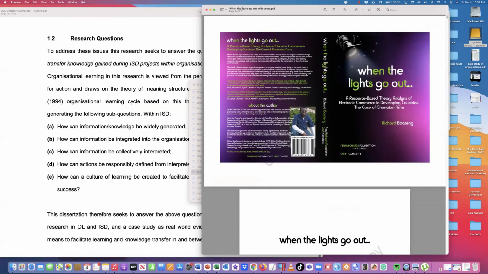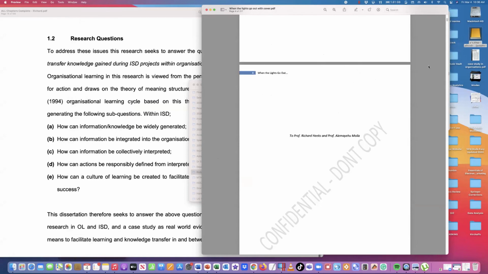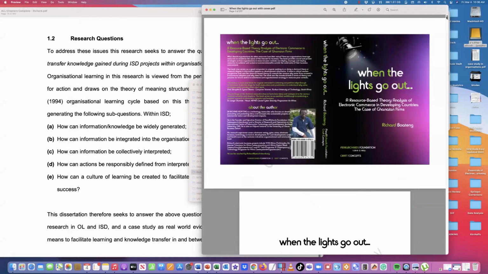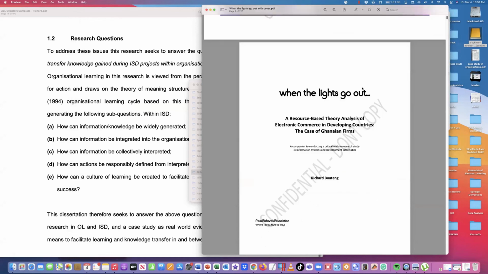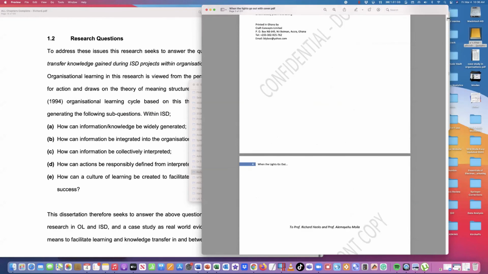In my PhD, I was using what we call the resource-based theory. And my PhD title is not When the Lights Go Out. It's actually this one. This is a book based on my niche, and I think Obed can share it with you if you want to read it. A resource-based theory analysis of electronic commerce in developing countries, the case of Ghanaian firms. It's also online. Manchester put it online.